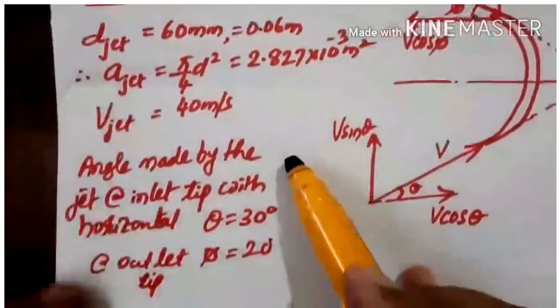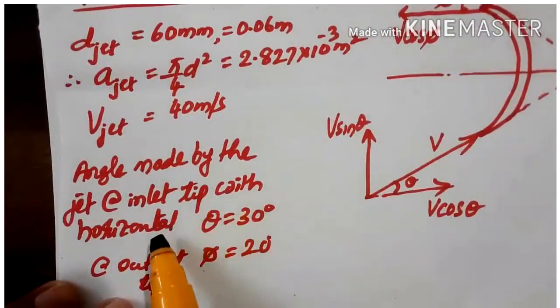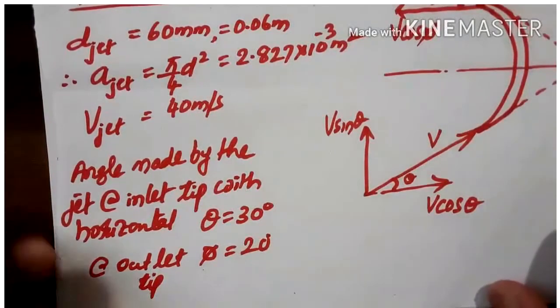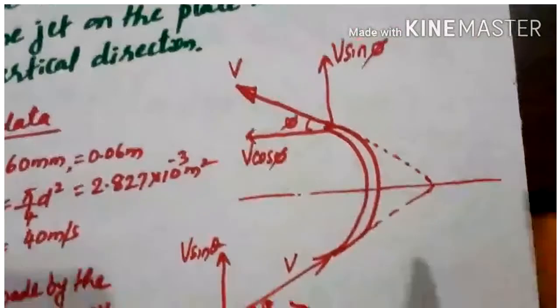Then the angle made by the jet at the inlet tip with the horizontal, that is the inlet angle with which the jet is entering the vane, is given as theta is 30 degree, and at the outlet tip the angle given, that is phi, is 20 degree. Let us draw the figure for this given data. So this is the figure. This is the curved vane.